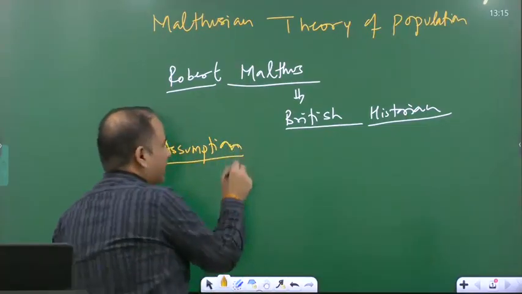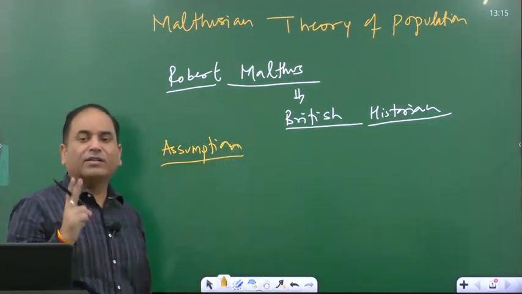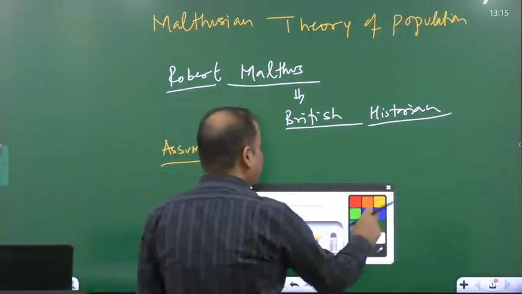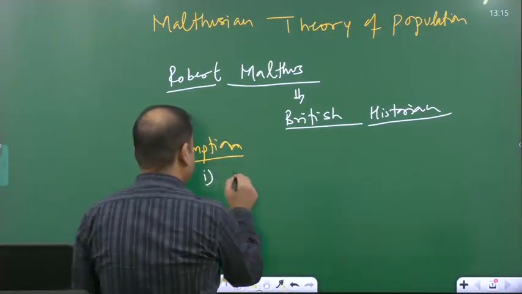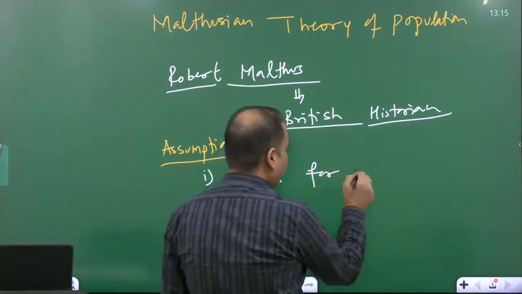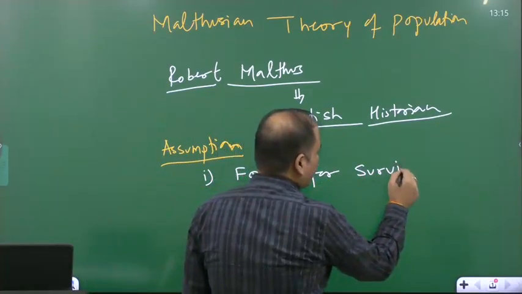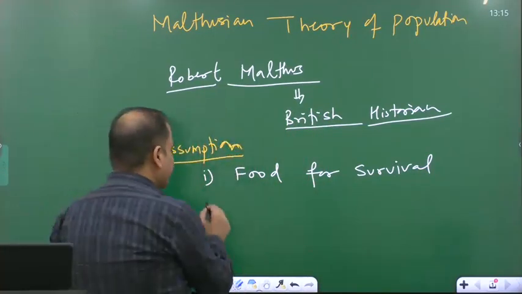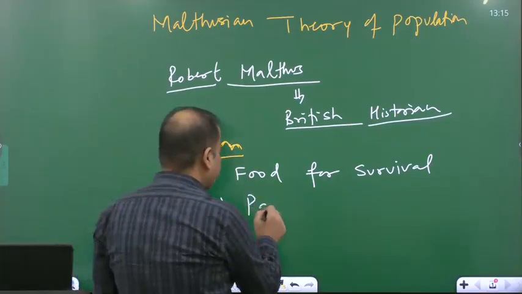Malthus is saying that in life there are two things that are a must. First, food for survival. And the second thing, passion for sex.